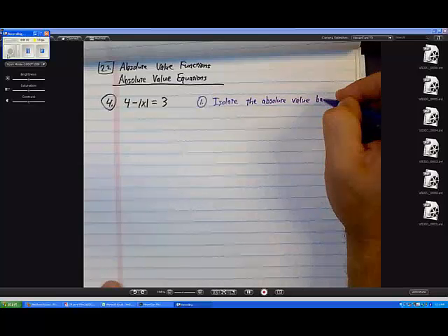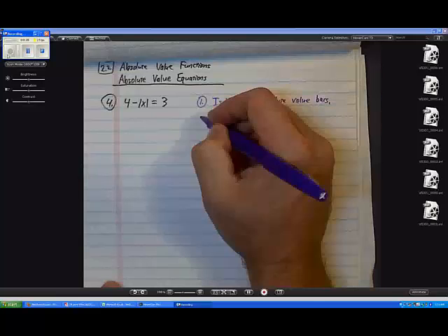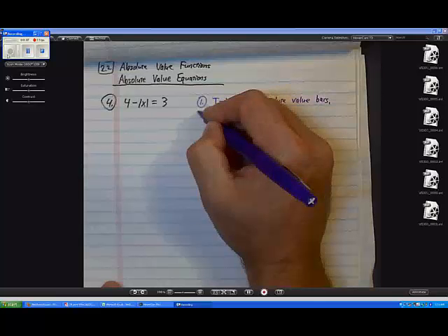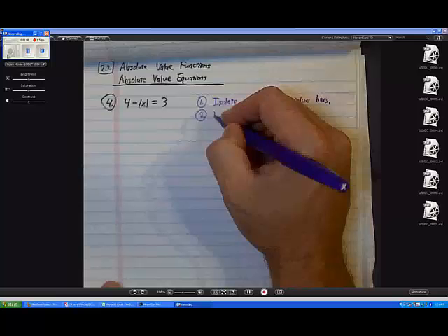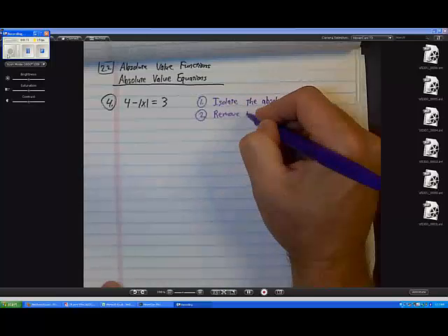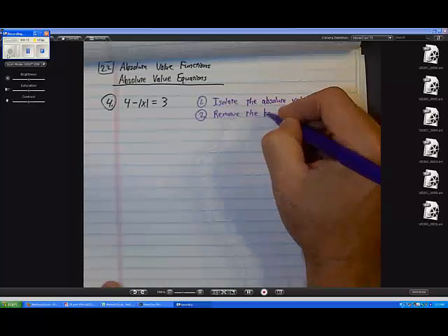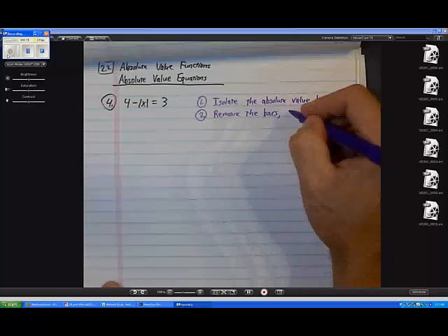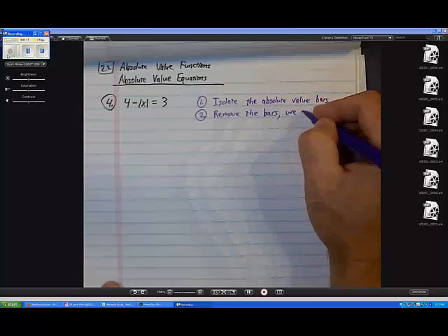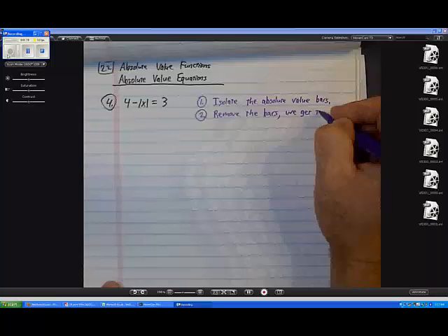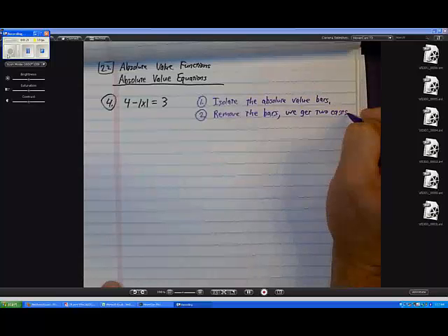And then in step 2, remove the bars, and what happens is we get 2 cases. And we'll see if this makes sense to you guys.